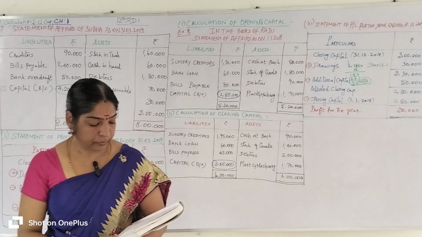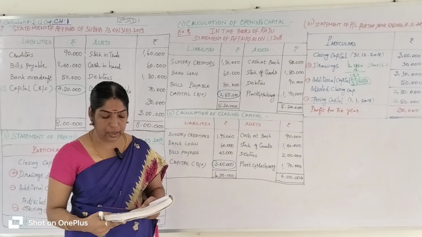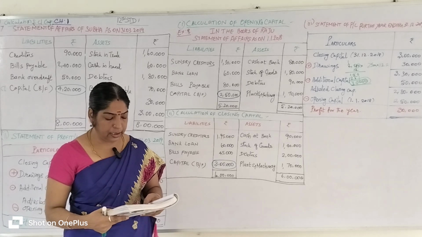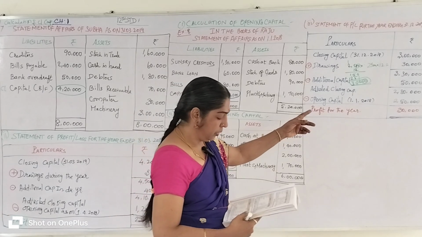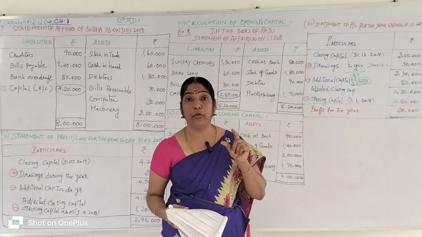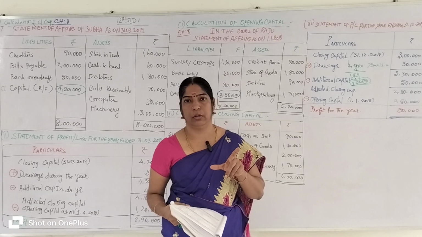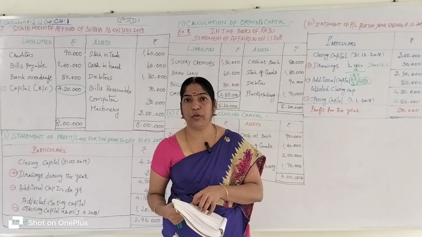Listen. So you know the additional capital introduced during the year, and drawings during the year is 30,000 rupees. Prepare the statement of profit or loss with the above information. So listen here carefully. From that information, what we have to do?